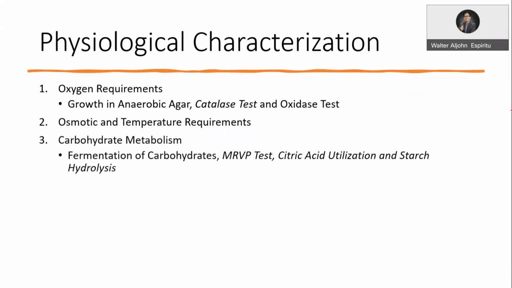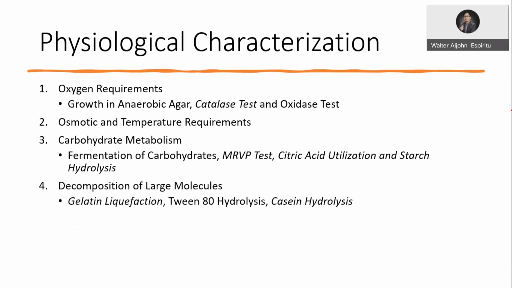For carbohydrate metabolism, we will assess the capability of your bacteria to metabolize certain carbohydrates, certain sugars. We have the fermentation of carbohydrates, the MRVP test, citric acid utilization, and starch hydrolysis.